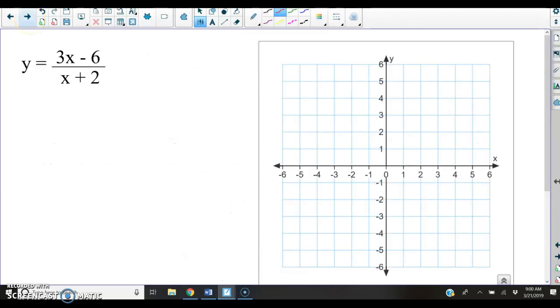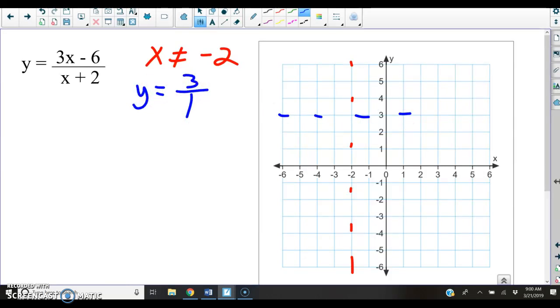Okay, so let's take a look at this one. First thing I'm going to do, I'm going to say x cannot equal negative 2. That gives me my vertical asymptote. The next thing I'm going to do is say y equals 3 over 1 is my horizontal asymptote.